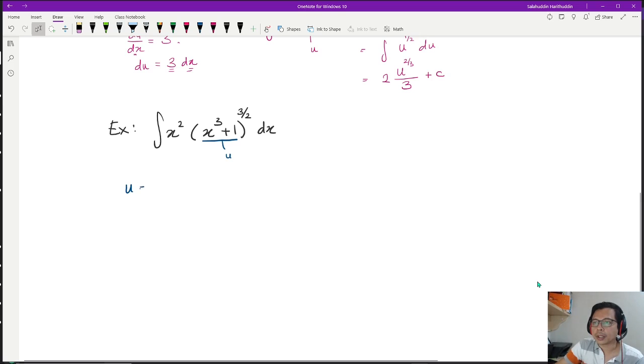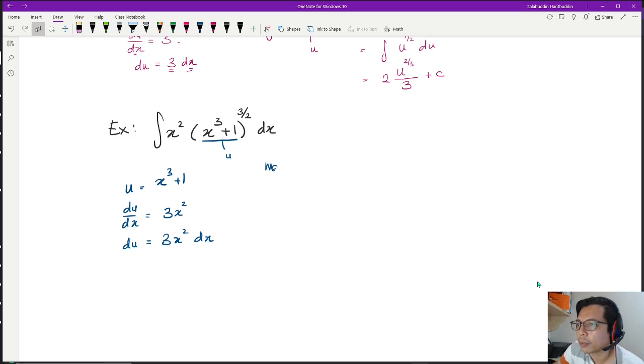So u will be x cubed plus 1. So du dx is 3x squared, which means that du is equal to 3x squared dx.